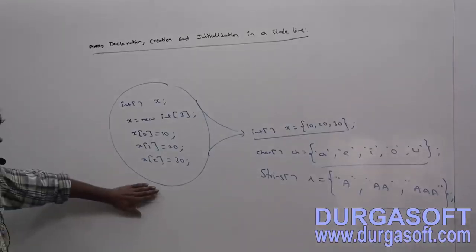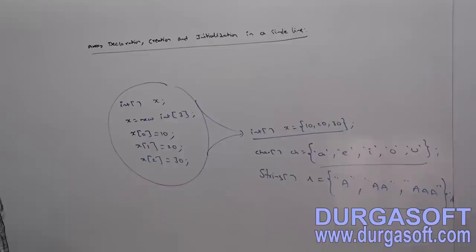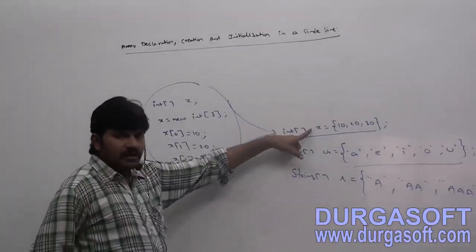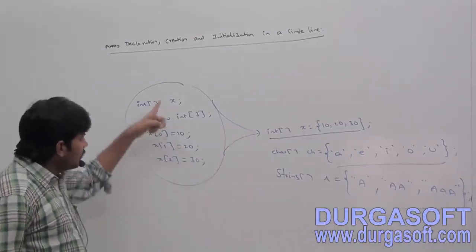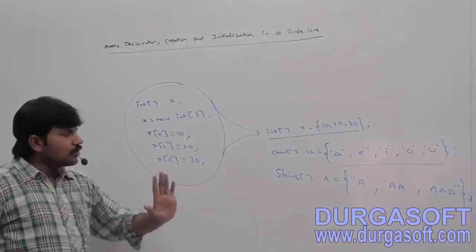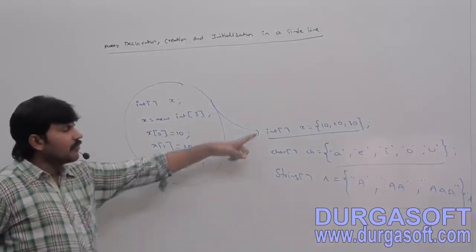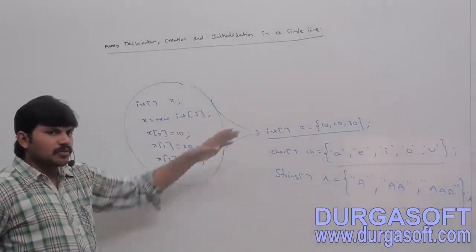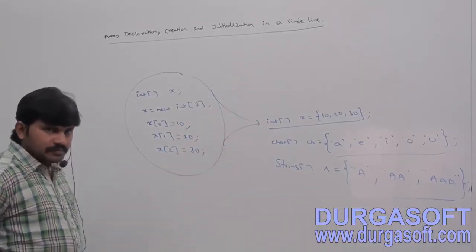I hope the terminology is very clear for you people, right? Whenever we are taking this one, internally which thing is happening? This one only. It is just convenient to the programmer if you know all values at the beginning. In the heap, every Java object is going to be created on the heap only.